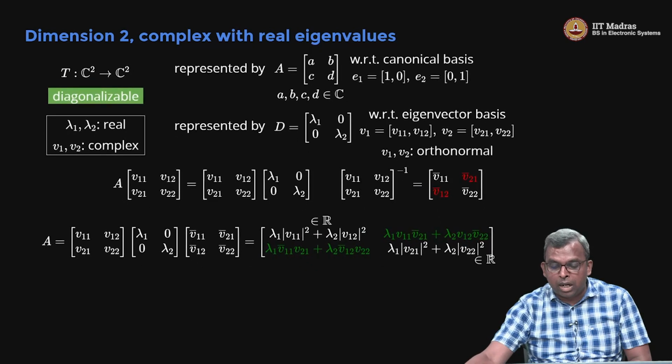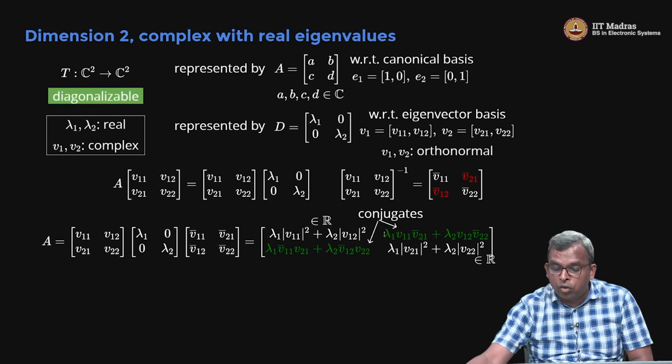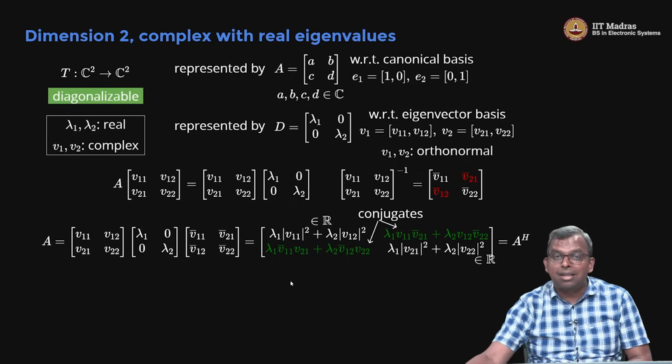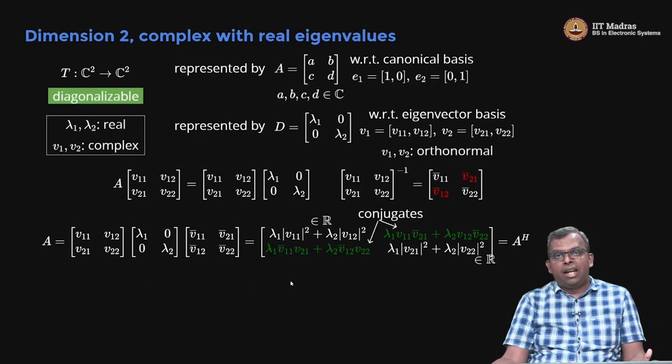The diagonal values are real, because lambda 1, lambda 2 are real, so you have just magnitude squared. The off diagonal values are conjugates of each other. If you take the conjugate, you are going to get this entry. So the off diagonal values are conjugates and the diagonal values are real, which means A is the same as its Hermitian: A equals A Hermitian.